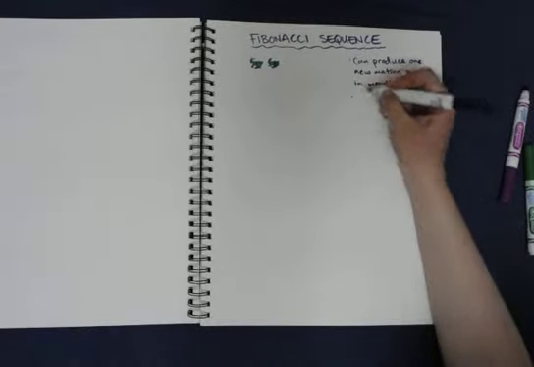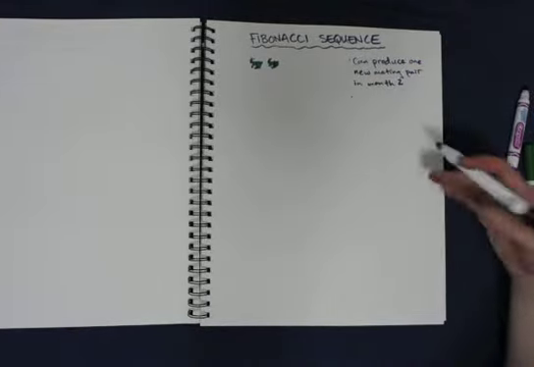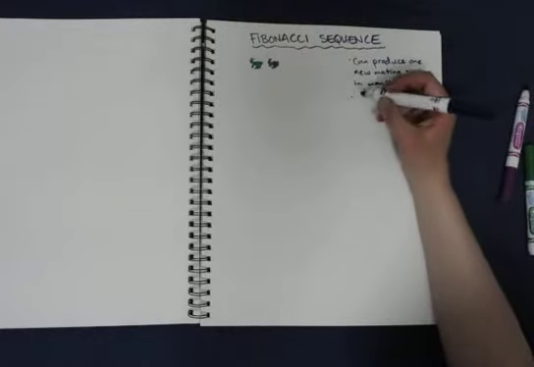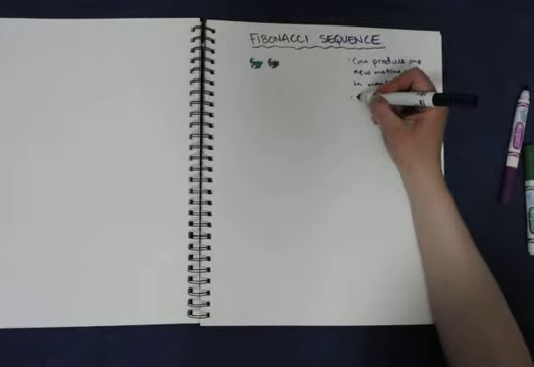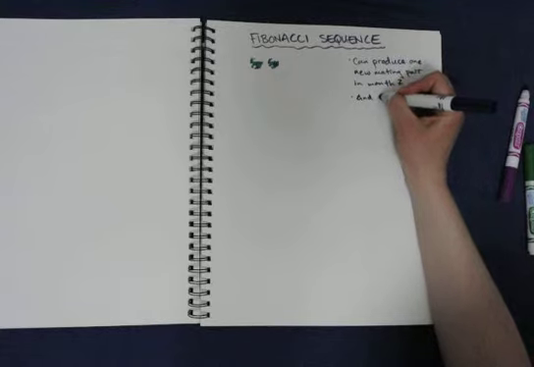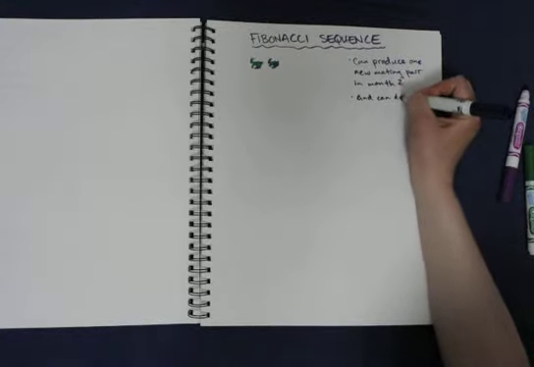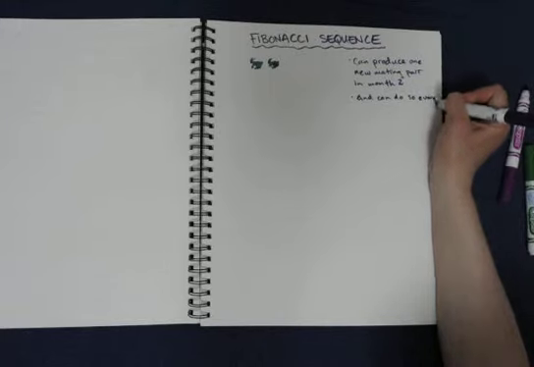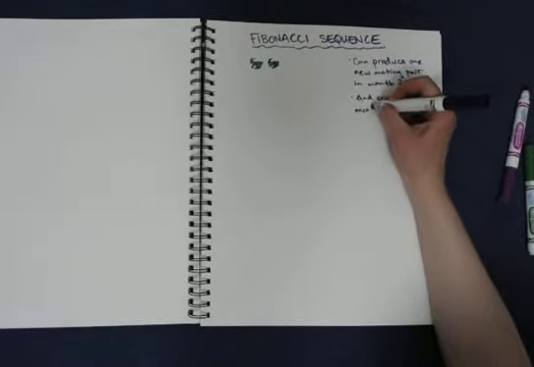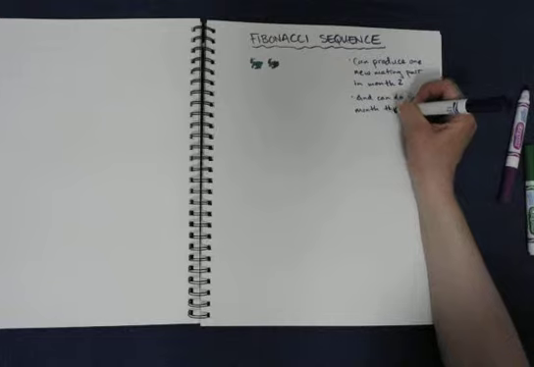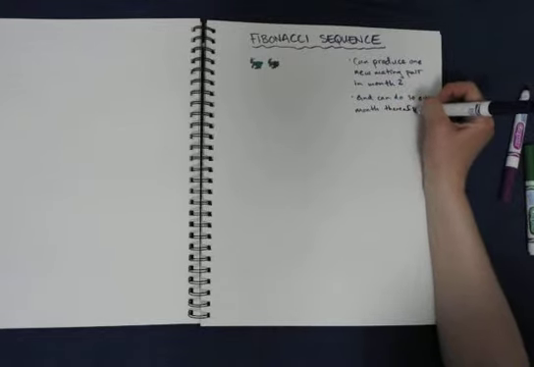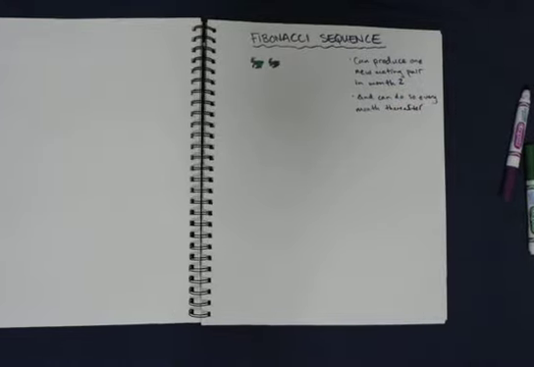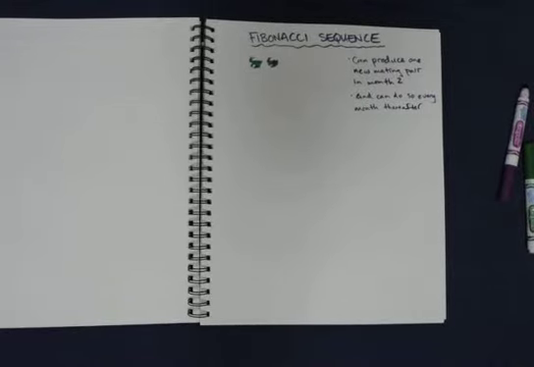And then they can produce one new mating pair every month after that. Okay, so let's keep track of the rabbits.